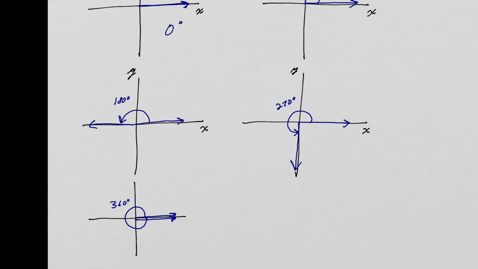Okay, what happens if you measure clockwise? Remember, we're measuring counterclockwise. Well, if you measure clockwise, then the angle is negative. So that's the difference. For example, let's say the initial side again is along the positive x, and the terminal side is halfway between, like in the second quadrant.